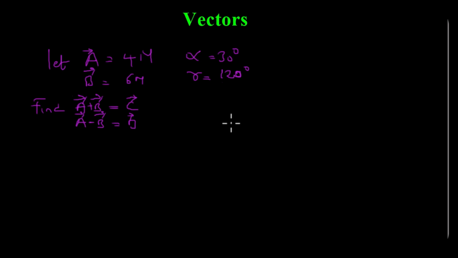But for the parallelogram law, the two vectors start from the same position, represented in their appropriate magnitudes and directions. At the end of the day, we complete our parallelogram, and our resultant will be represented both in magnitude and direction, drawn from the point of intersection.